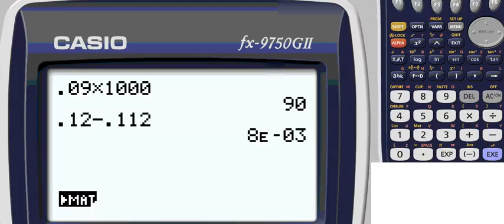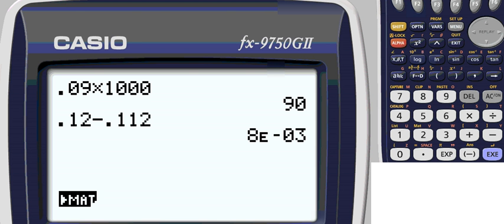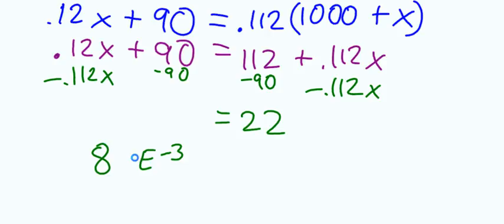If you ever get an answer that displays in scientific notation like that, just remember that E negative 3 and it's written like that. This means you got to take the decimal from where it is and move it 3 spots. So it's 0.008.